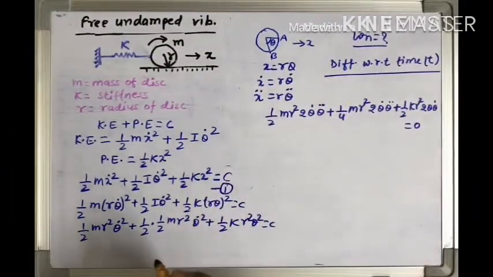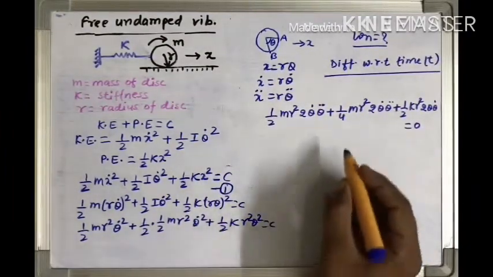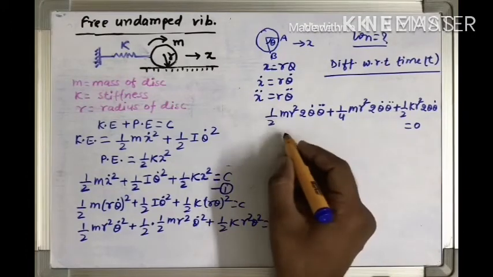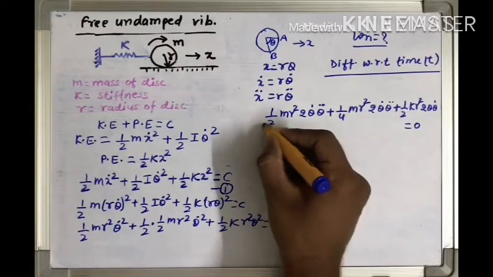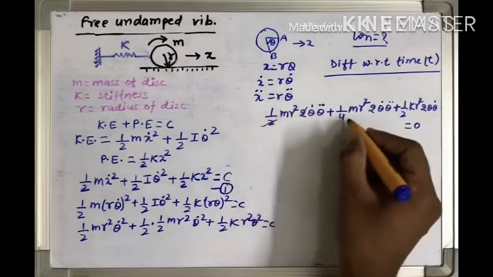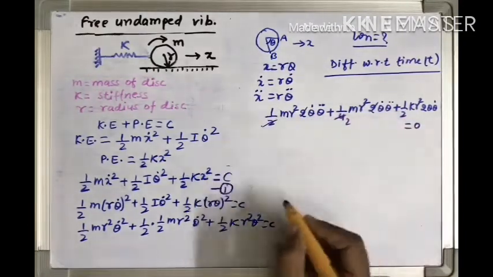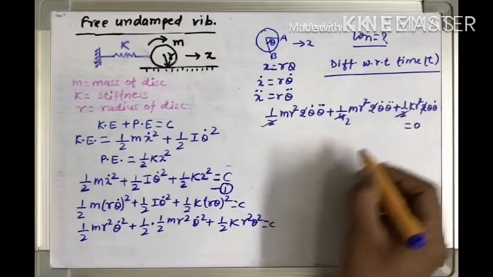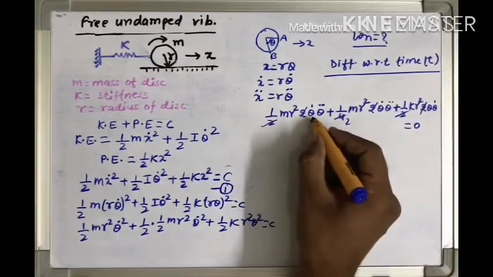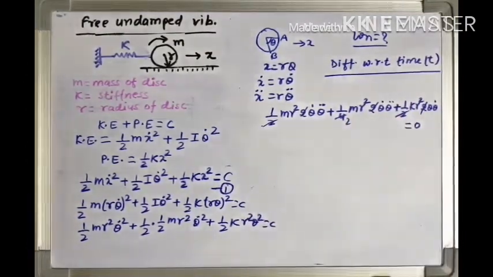Now we can write this equation as: the 2s cancel, this 2 cancels with this 4, and theta dot is common, so we take out theta dot.